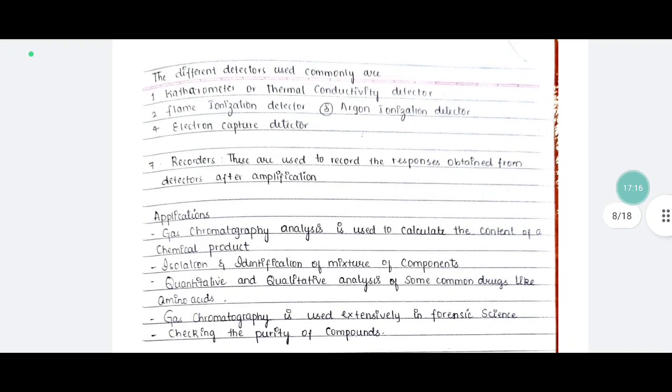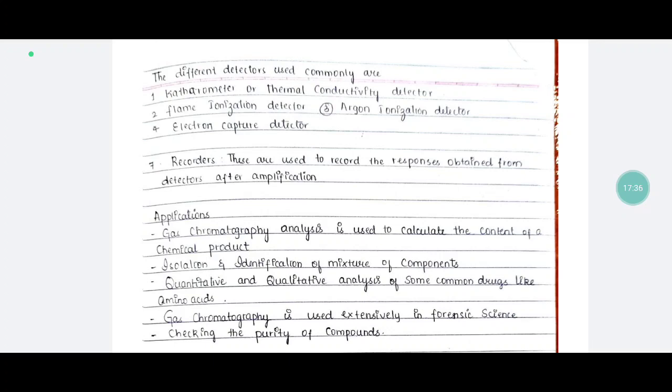The different detectors commonly used in gas liquid chromatography are the katharometer or thermal conductivity detector, flame ionization detector, argon ionization detector, and lastly electron capture detector.